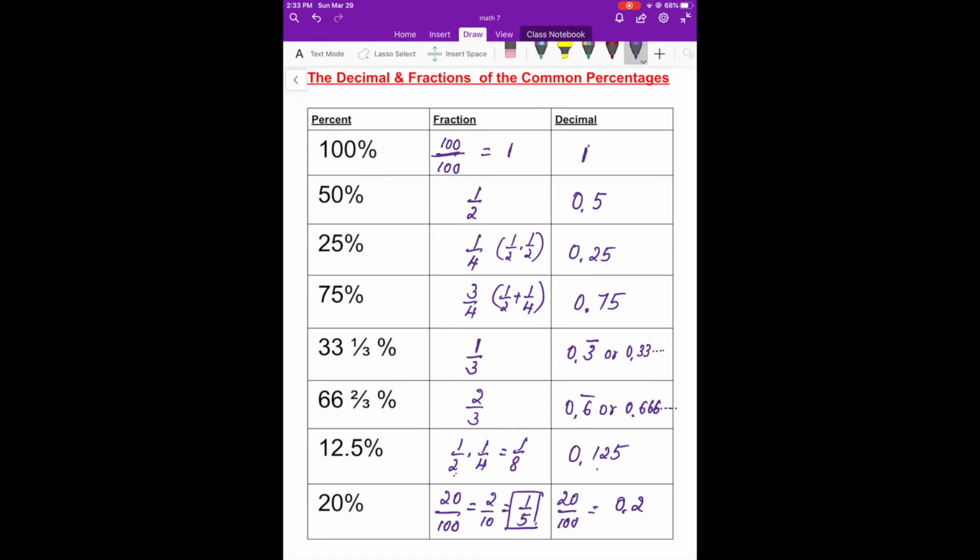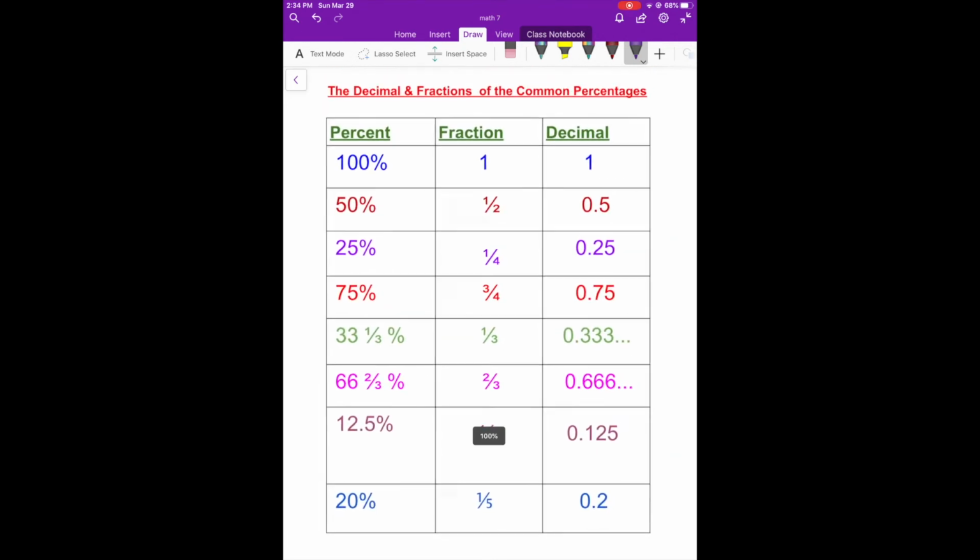That is the decimal form. So it's easy if you remember all the common percentages and the decimal and fraction forms. We will review that one more time.